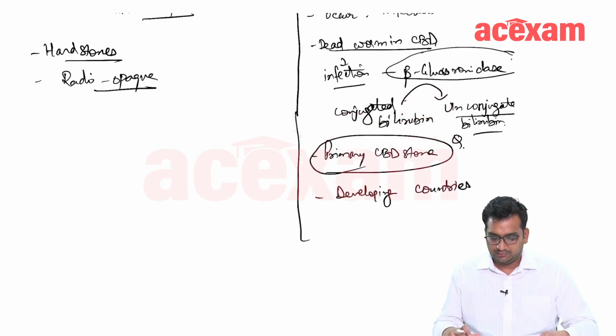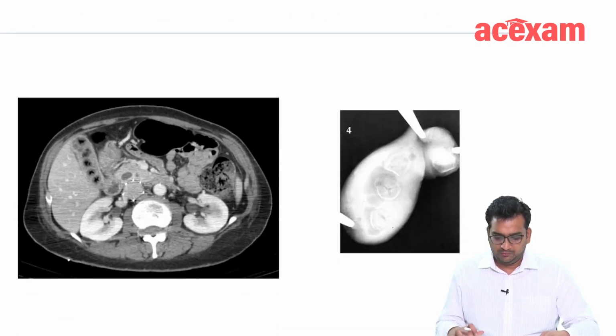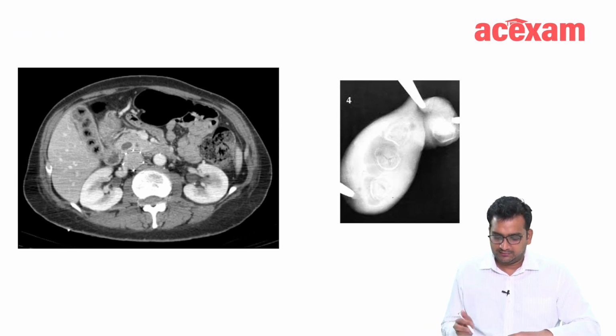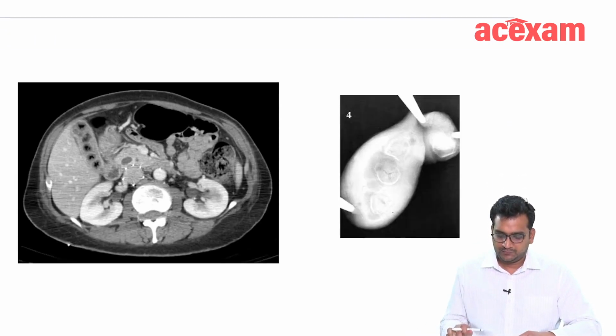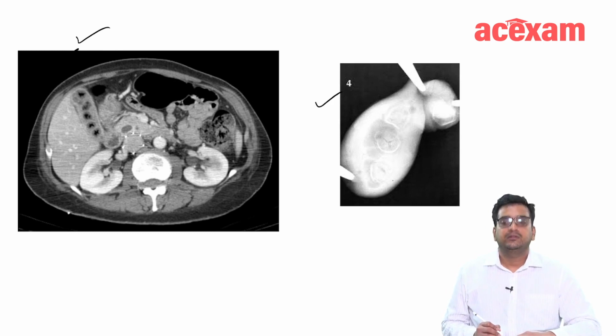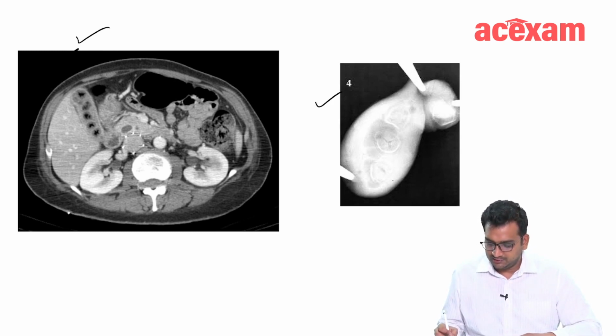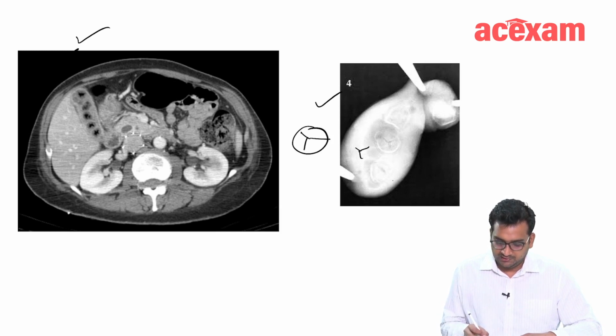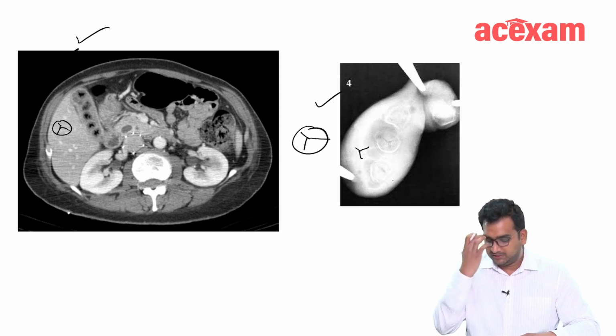Now we are going to discuss the next topic. Before that, identify these images. You can see here, these are gallbladder stones with a Mercedes-Benz sign. Similarly seen here also, Mercedes-Benz sign.